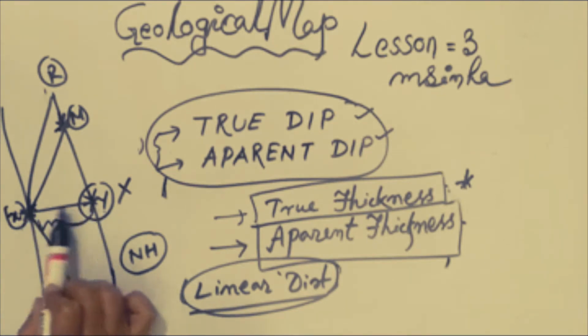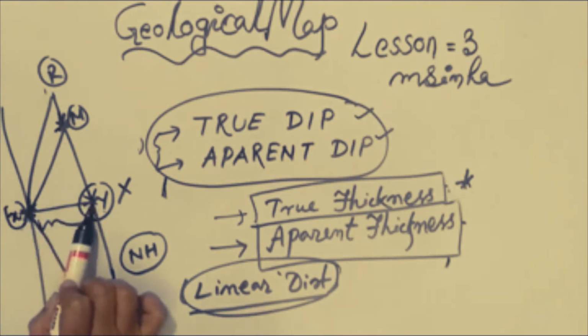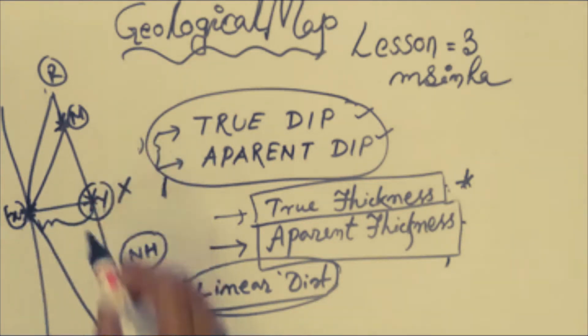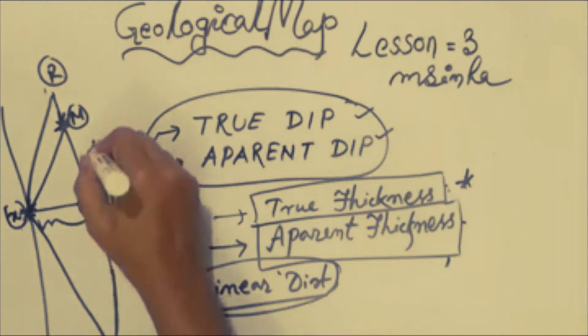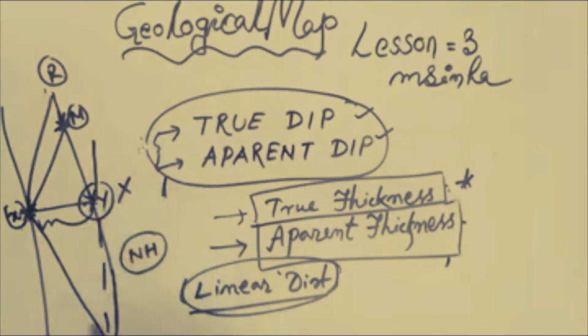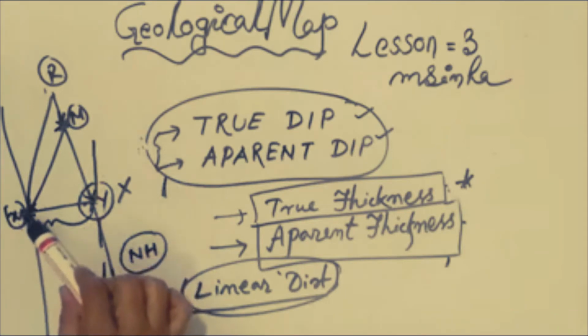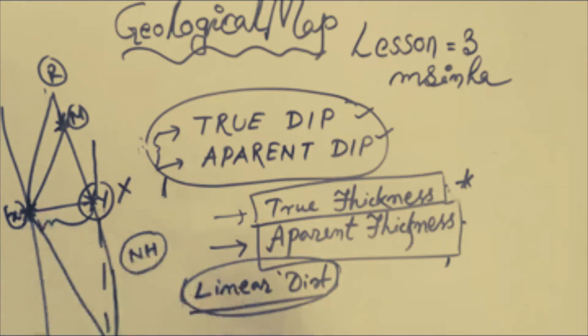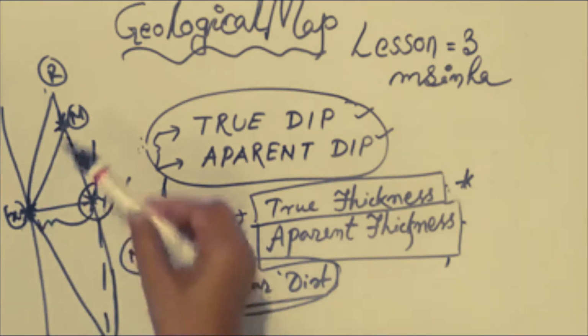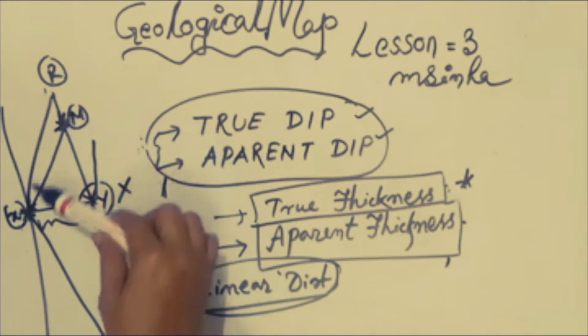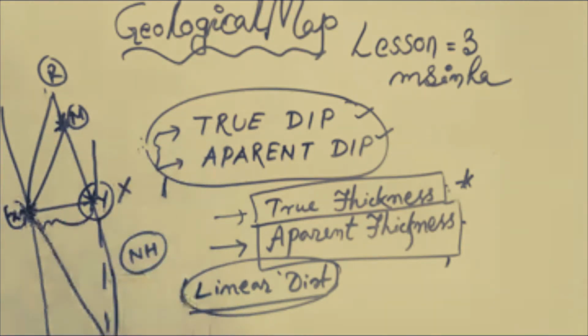That means both lie in a straight line, both perpendicular to the road edge. Then you can place your measuring tape on X and put the other end on the right hand side of the road, and take this linear distance. This is also a thickness or width of the road, but this is not the true width of the road. That is the apparent width.